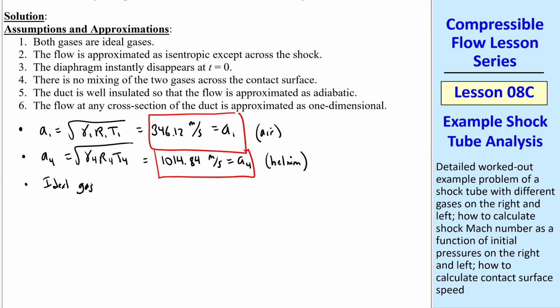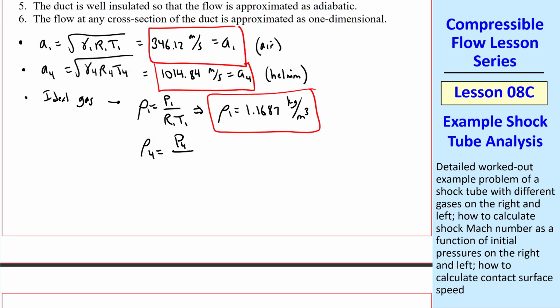The ideal gas equation tells us that rho 1 is P1 over R1 T1. This gives us a density in region 1 of 1.1687 kilograms per meter cubed. And similarly for region 4, I get a slightly larger density. I'll make a comment here.